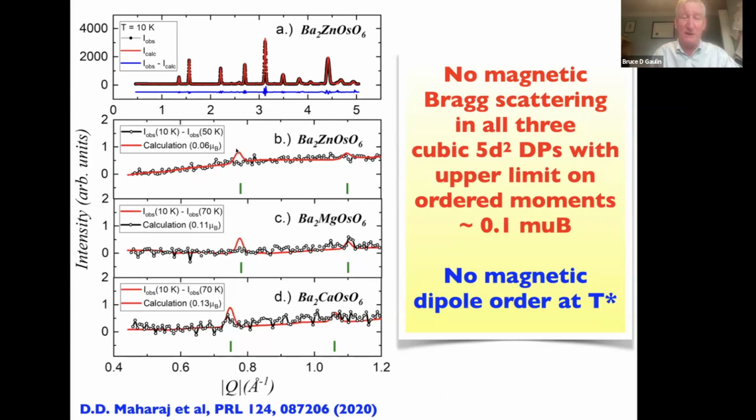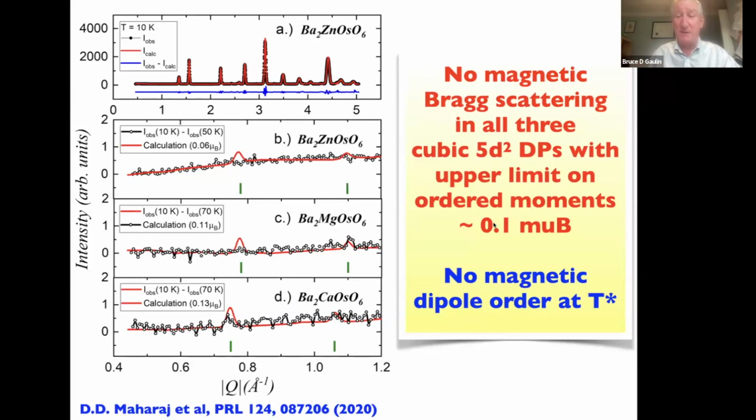And so we can model the expectations for simple magnetic structures like those single K and double K magnetic structures. And we can see what we would have seen in this temperature subtracted data. So this data is 10 Kelvin minus 50 Kelvin, for example. And you can see that, had there been an ordered dipole moment of 0.06 Bohr magnetons, we would have seen it in this experiment.